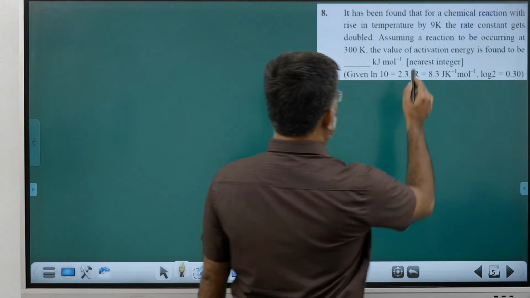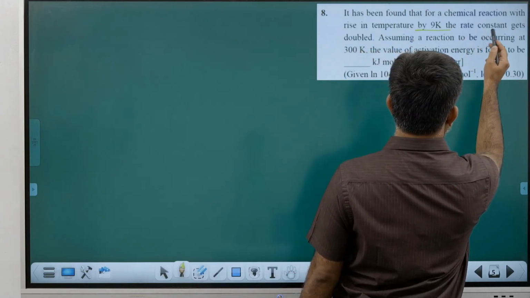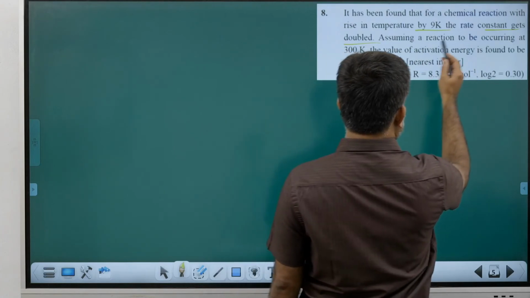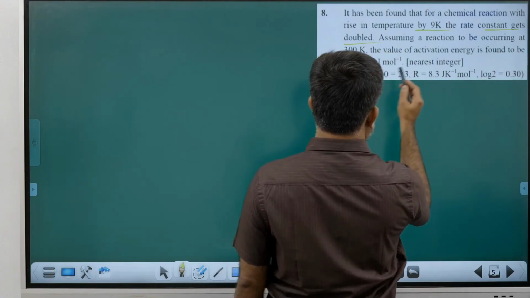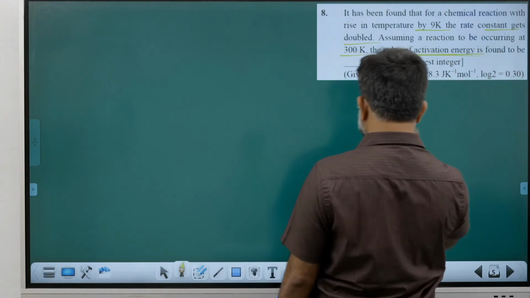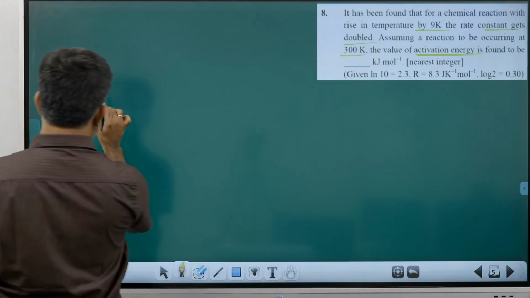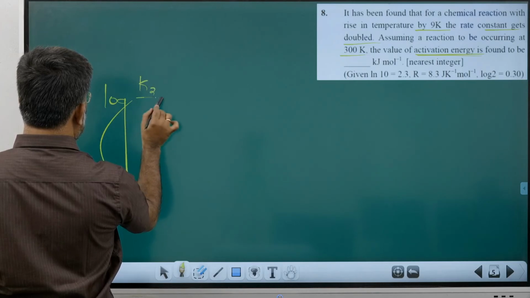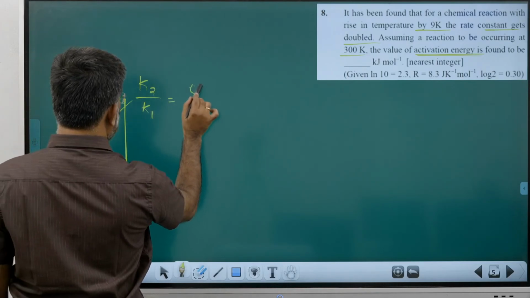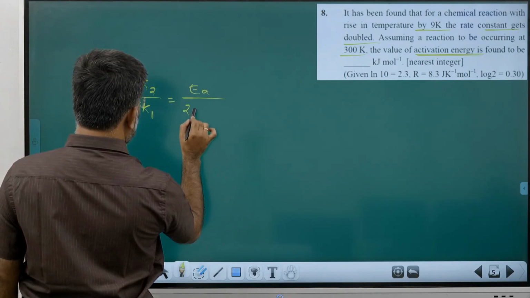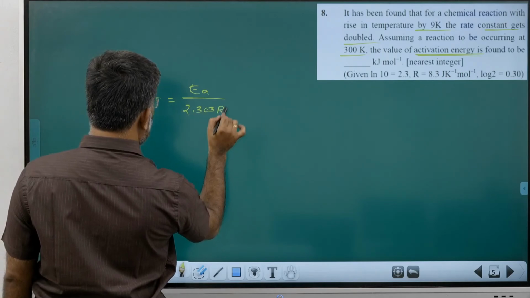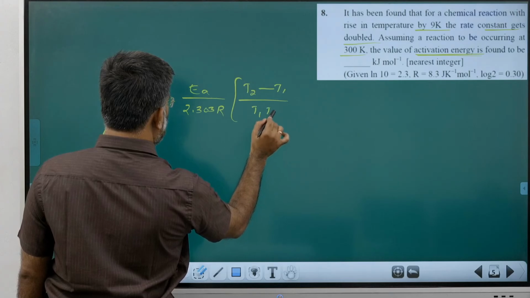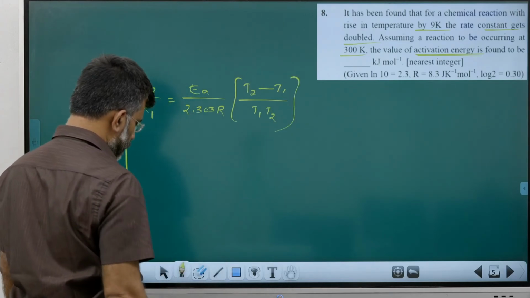See, there is a temperature rise by 9 Kelvin and the rate constant gets doubled. Assuming the reaction to be occurring at 300 Kelvin, value of activation energy is, Arrhenius equation, log K2 by K1 is equal to Ea by 2.303 R into T2 minus T1 by T1 T2.